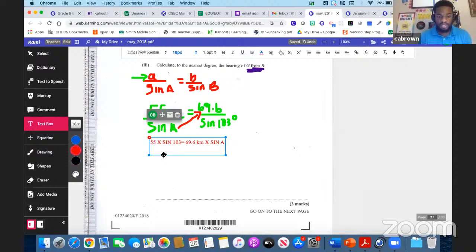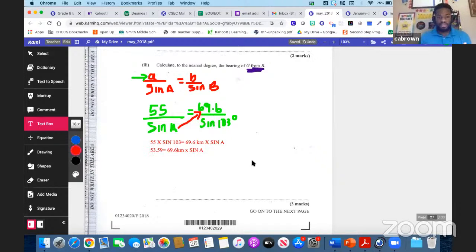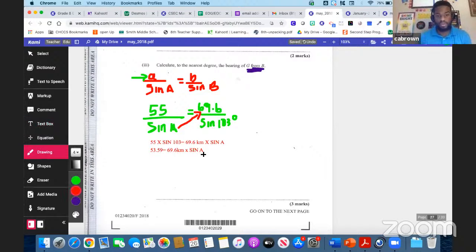So 53.59 is equal to 69.6 kilometers times sine A, because that is what we need to find. Our aim is to find what sine A is, so we need to have sine A by itself. It therefore means that we're going to have to divide everything by 69.6.